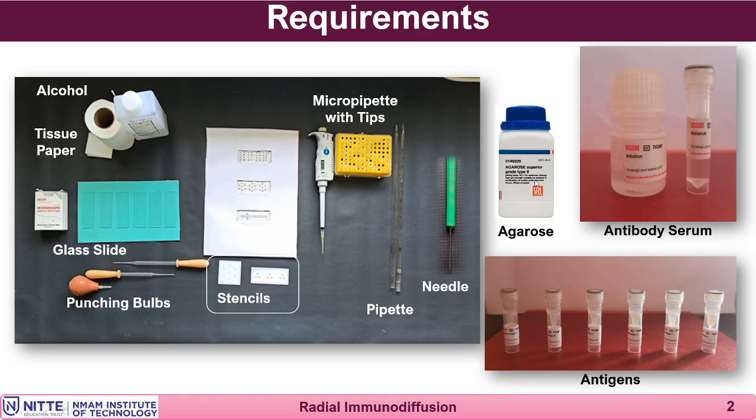Agarose of very high quality, which can dissolve in a suitable buffer should be used, and you will require the antibody, which is called as antiserum, and you will require antigen. The antigen in the soluble form and the antibody in the soluble form will be used for the demonstration of the precipitation reaction.